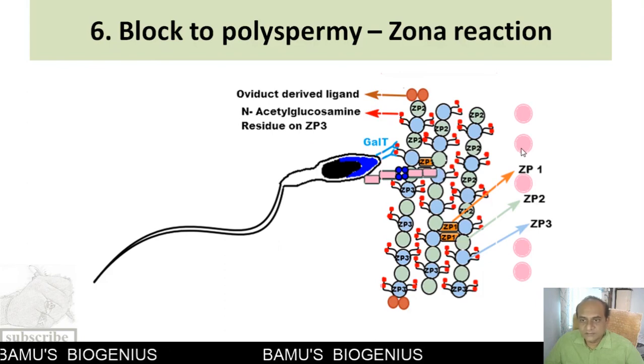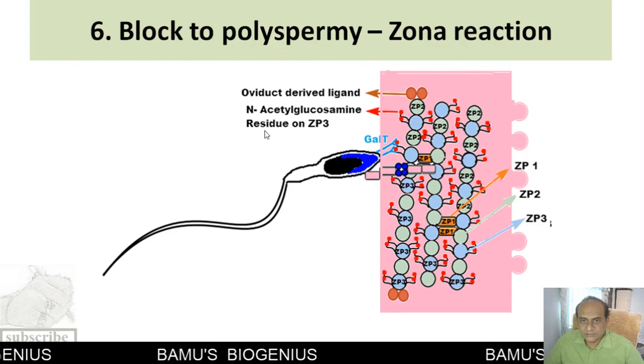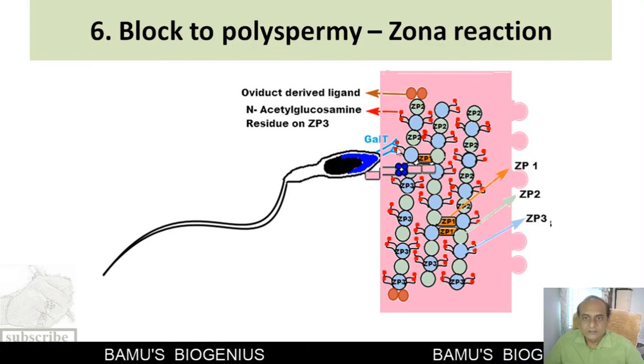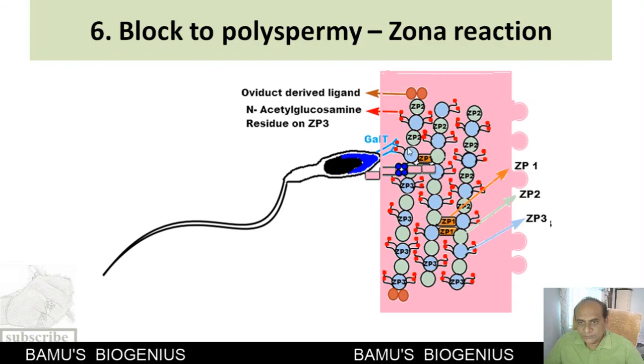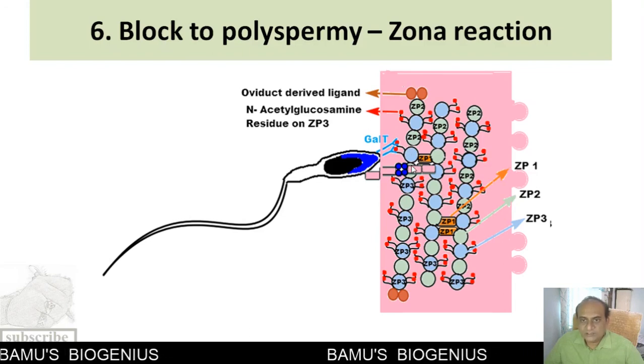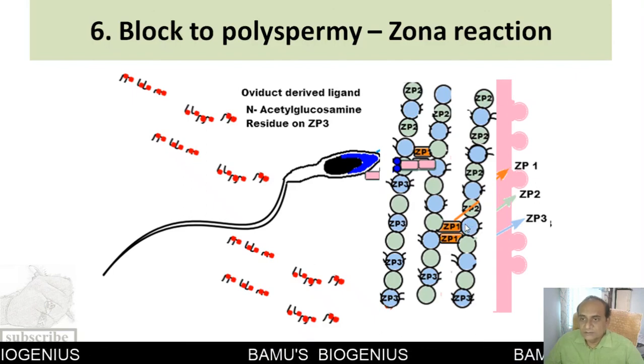When the cortical reaction or zona reaction takes place, the N-acetylglucosamine residues present on ZP3 are cleaved off, and the attached sperms present on the zona pellucida are detached from it.